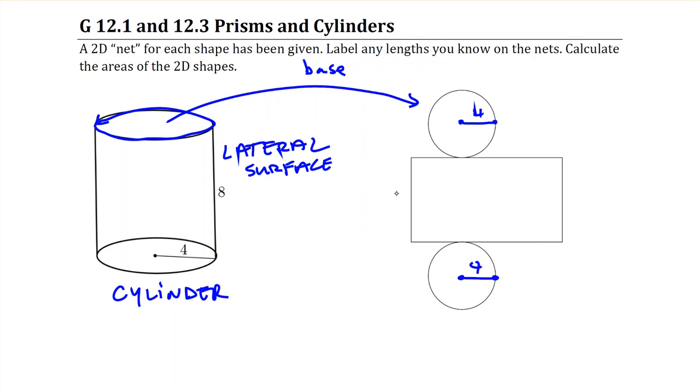We're told that the height of this lateral surface, this rectangle, is 8, and we might want to then think about the calculation for its length or its width, the base of this rectangle.